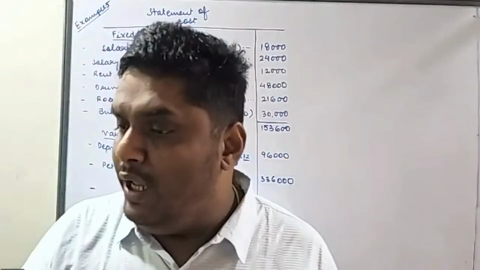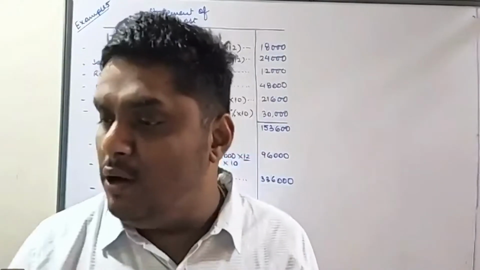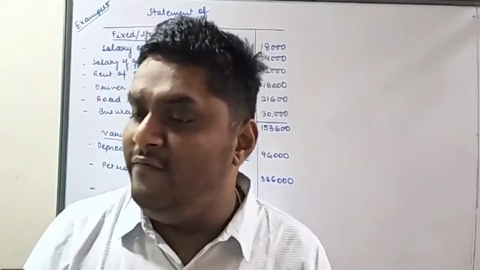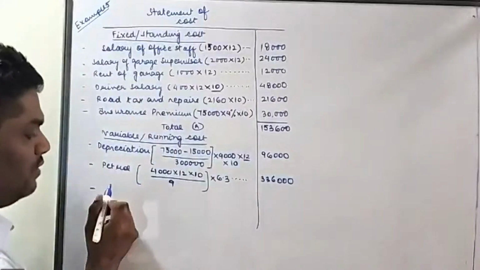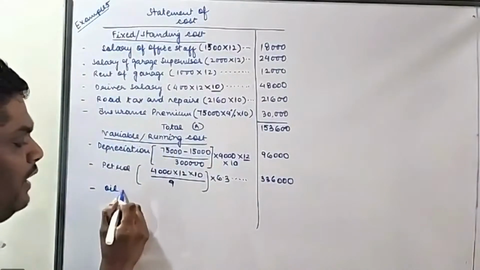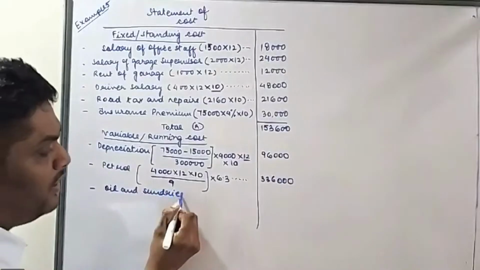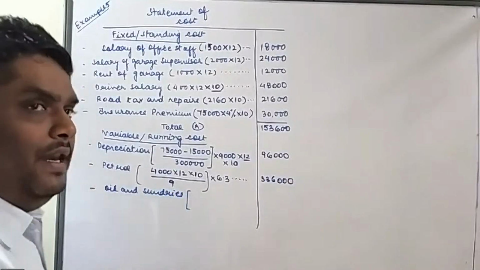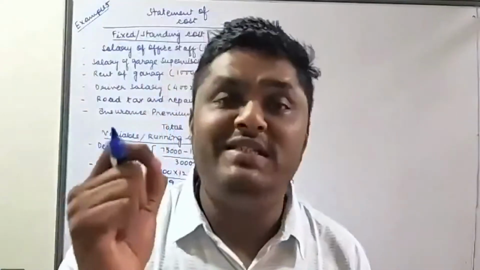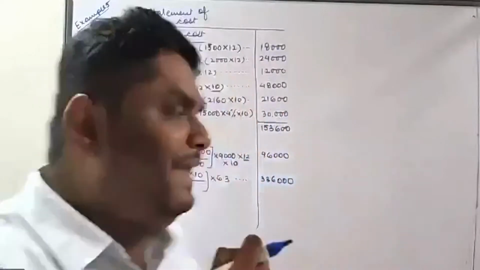Next point is oil and other sundry expenses amounting to rupees 10 for every 100 kilometers. So oil and sundries, again, the cost is how much? Rupees 10 for every 100 kilometers.